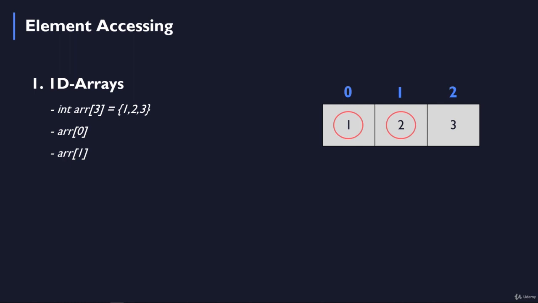We also remember that a one-dimensional array can be considered as just a row of elements, and that a two-dimensional array can be considered as a grid of rows and columns, or just a bunch of rows.